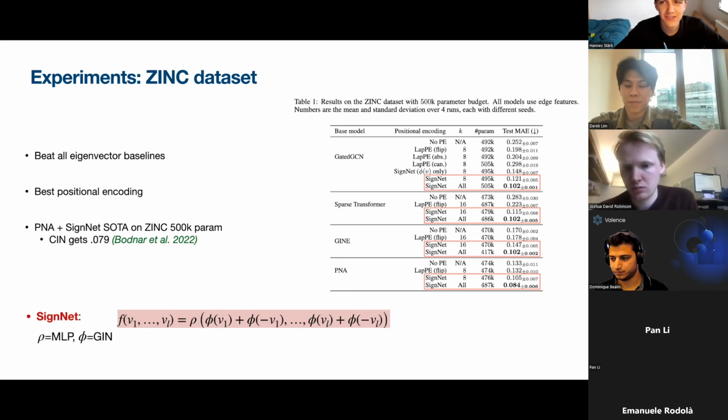Okay, in practice, but I just don't understand this Laplacian argument, why we don't need the eigenvalues.